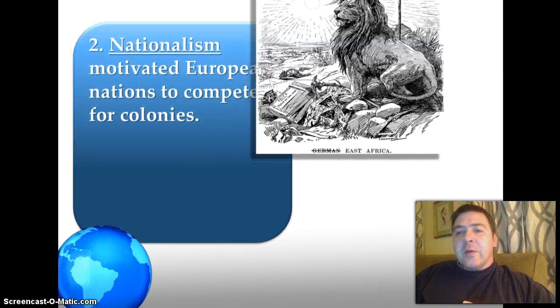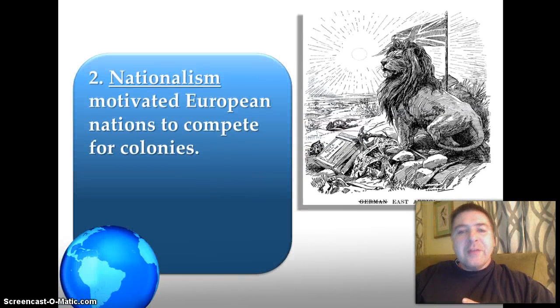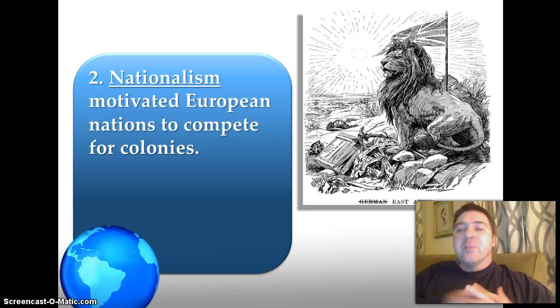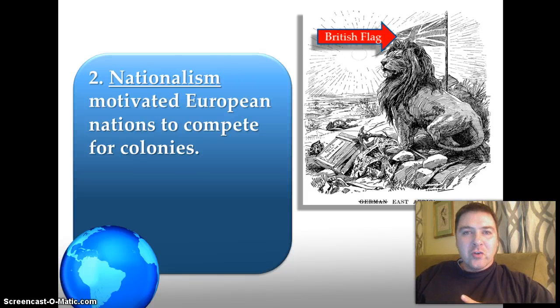Okay, the second thing we have to understand as a reason was nationalism. Like so much of the 1800s, nationalism was a huge motivator for the Industrial Revolution and for imperialism. Nationalism motivated and inspired European nations to compete for colonies and to get more colonies and build bigger empires. We see in this political cartoon from a British magazine in the late 1800s the lion in Africa, and we see in the background there the British flag.